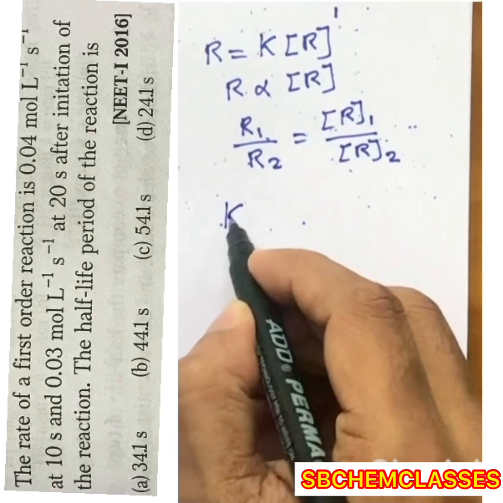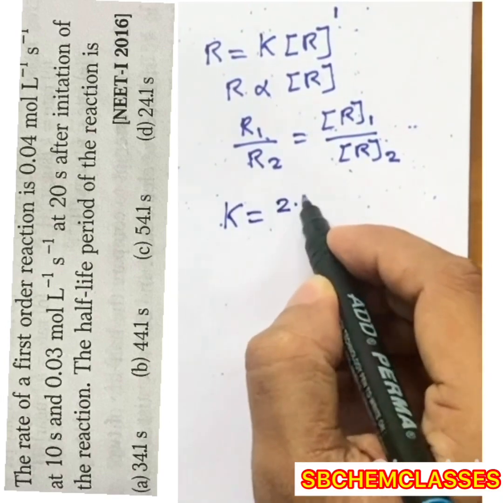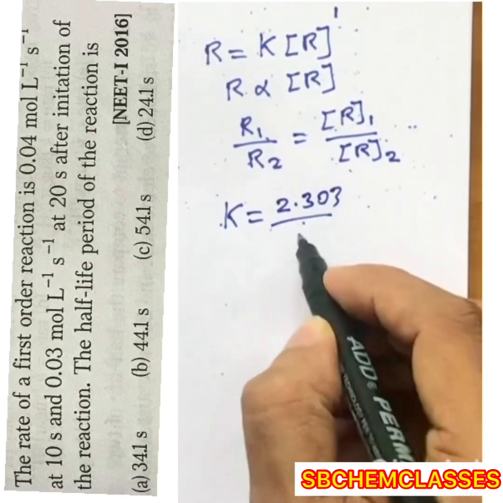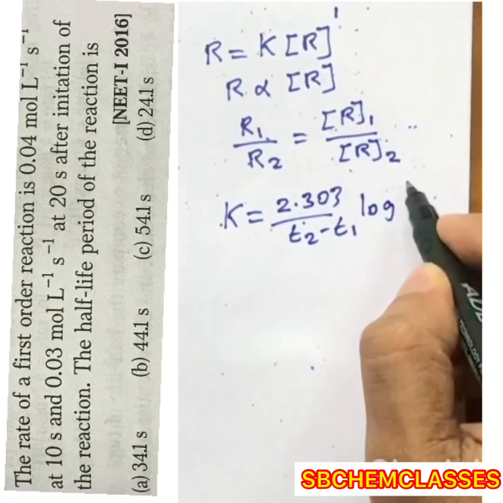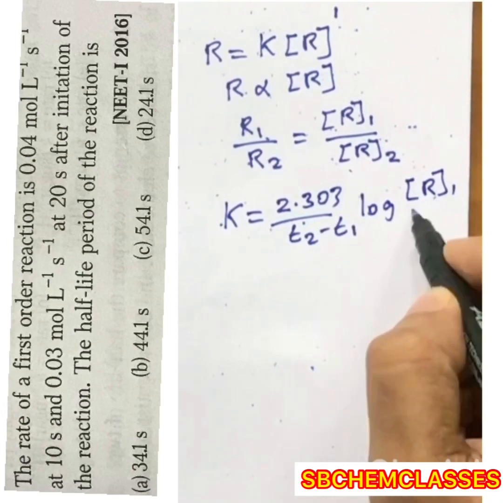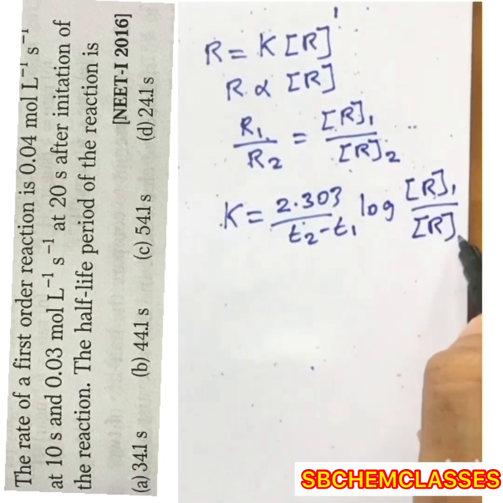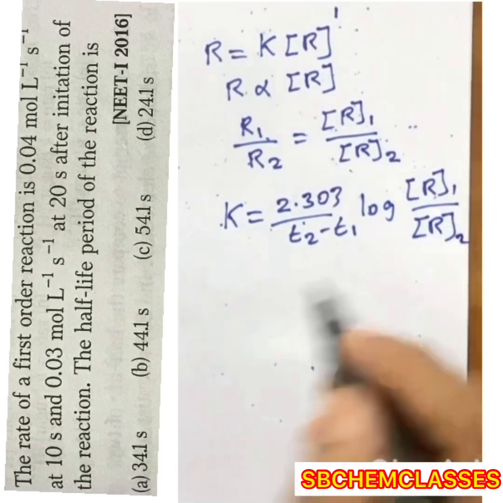We know the equation for K: K equals 2.303 by (T2 minus T1) log (concentration R1 by R2). Here there are two times, that is 10 second and 20 second, and two concentrations.